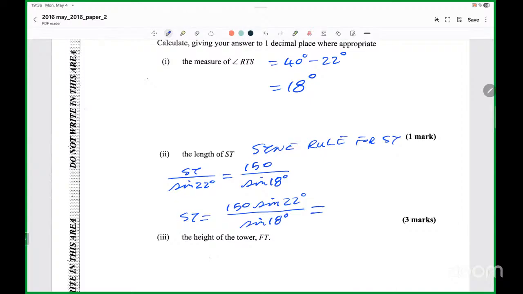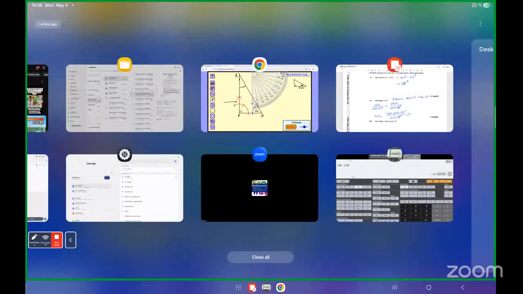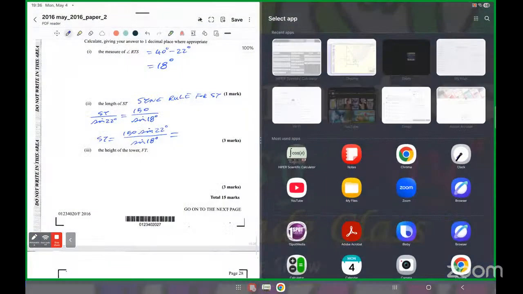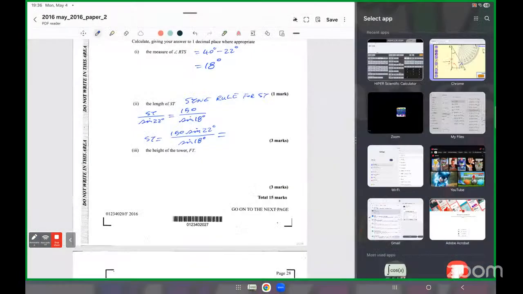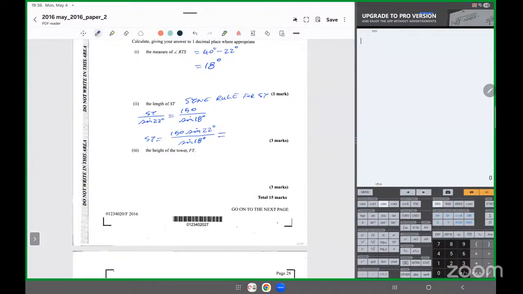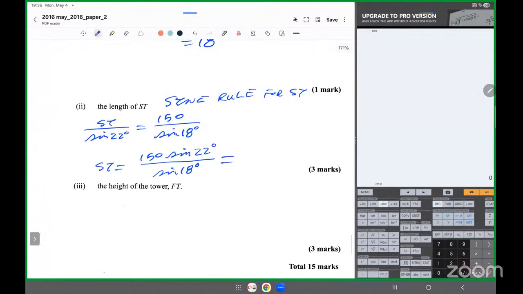Roll that out with the calculator and you will have your answer. Split the screen since we're doing a calculator question. All right, so we're doing this calculation. Fraction 150 times, not 160, 150 times sine of 22.